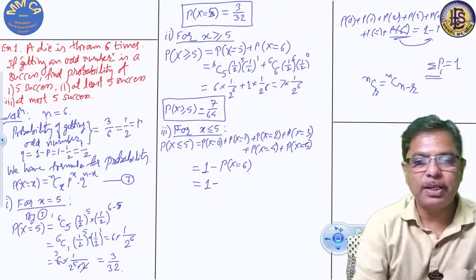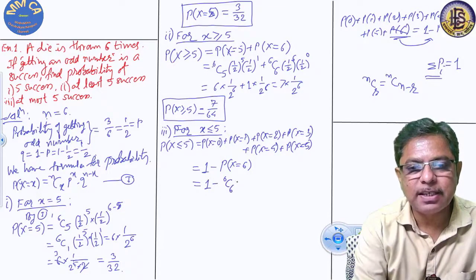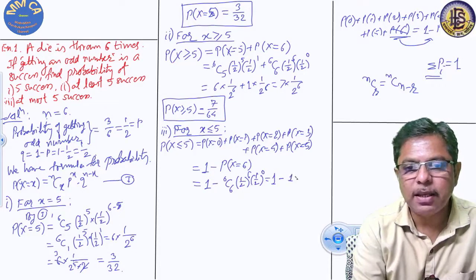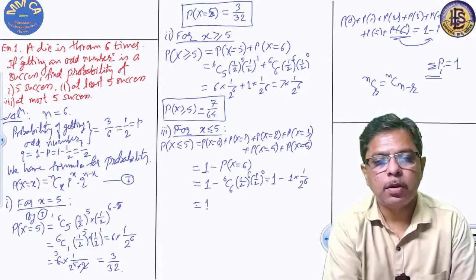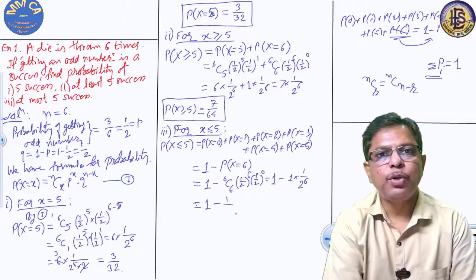Already we have calculated this above, so we can use the same. It is 6C6, 1/2 raised to 6 into 1/2 raised to 0. And so we got 1 minus 6C6 is 1 into 1/2 raised to 6. So we are getting now 1 minus 1/2 raised to 6.